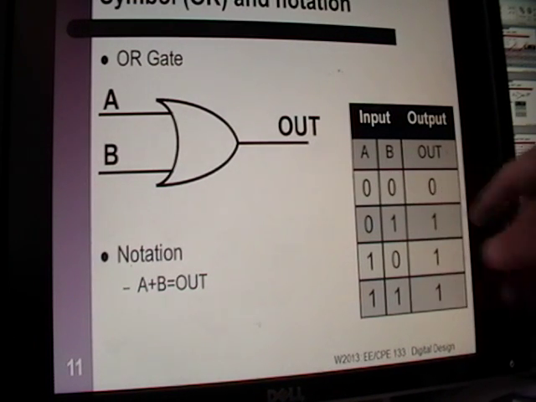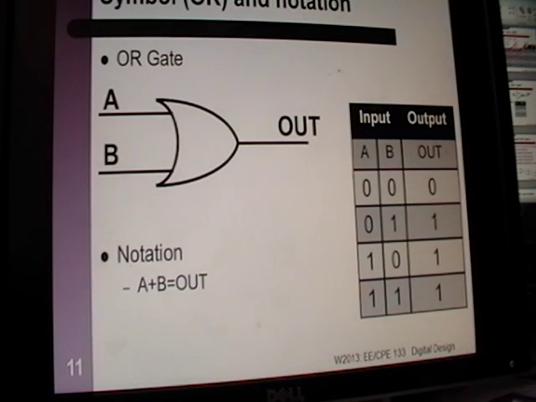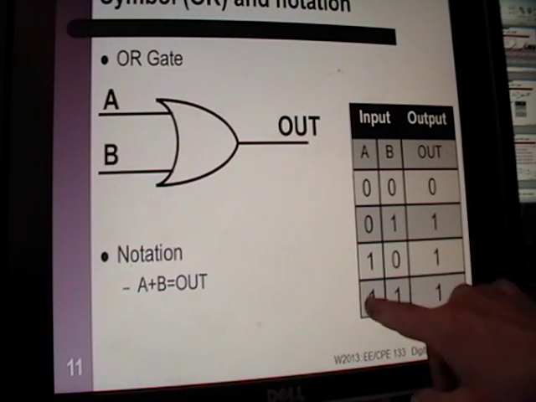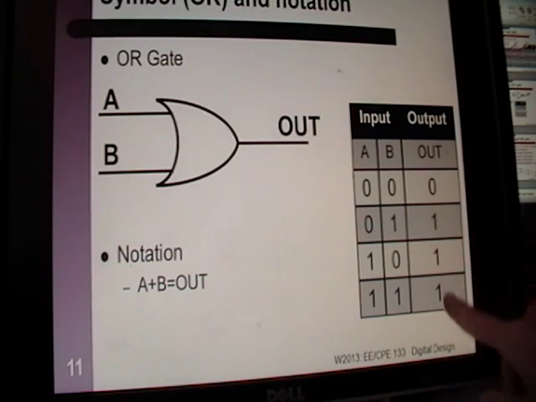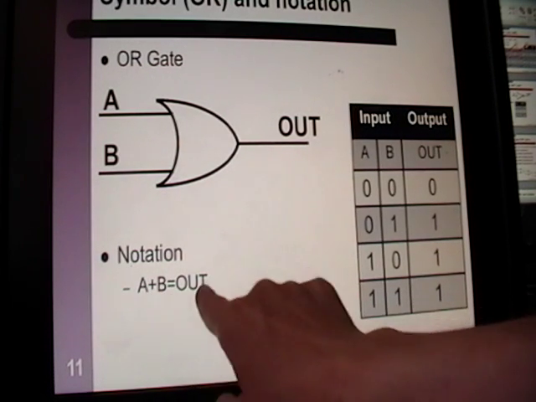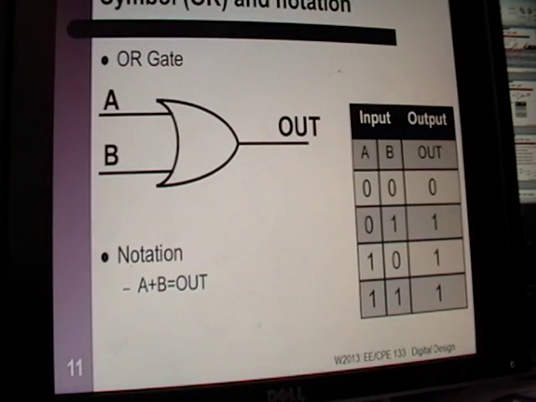If they're both false, like if I say I'm 8 feet tall and I'm Australian, that's false and false, and you get a false out. But if either one of the statements are true, then your output is true. And the notation here is if either one of them is non-zero, then your output is non-zero. If you remember in C programming, anything that's non-zero is counted as true.